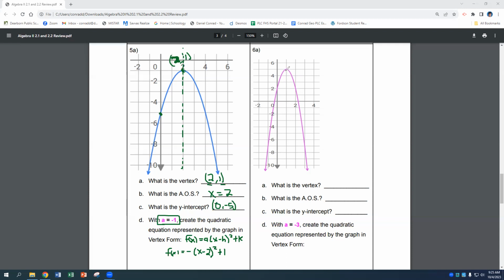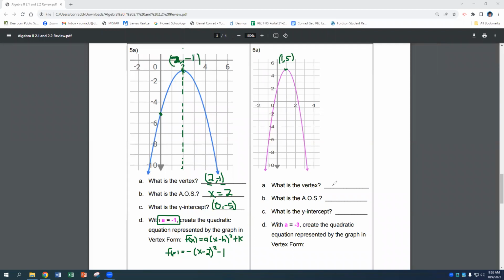Okay, vertex over here is going to be 1, comma 5. I'm sorry, this is -1. This should all be negative. K should be -1. I'm sorry. Okay, we good? All right, 1, comma 5.